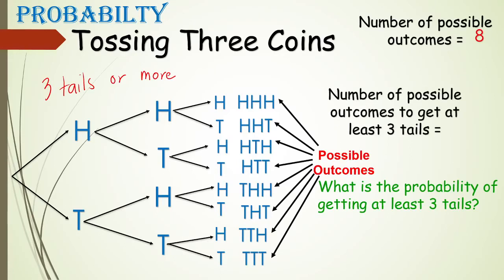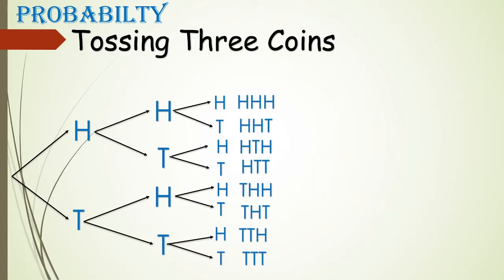So how many possible outcomes are there to get at least 3 tails? Where is it? You said 1. Correct. This one is all tails. And that will be our probability. 1/8.